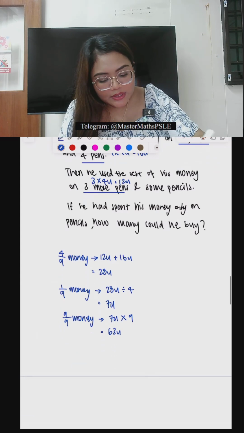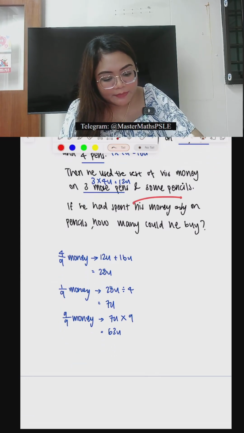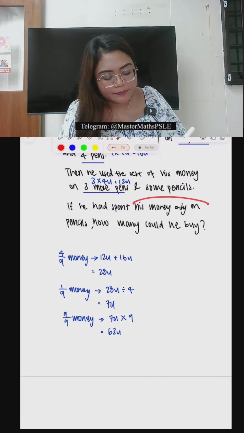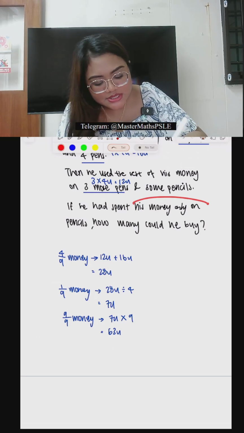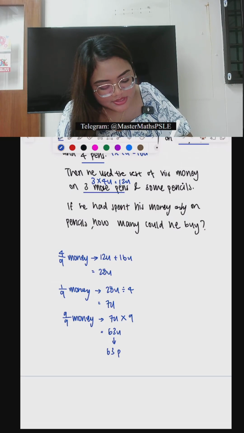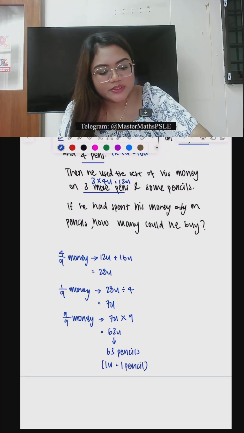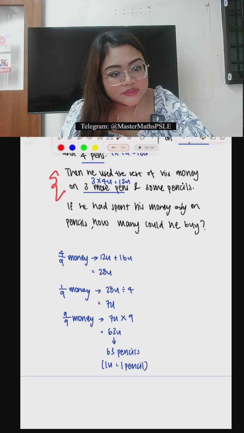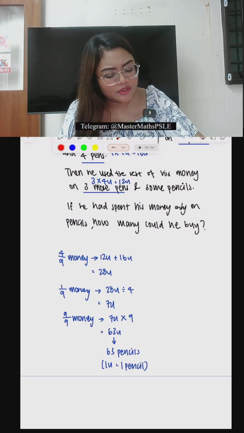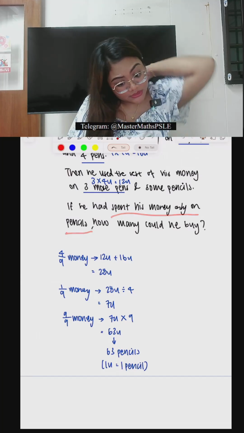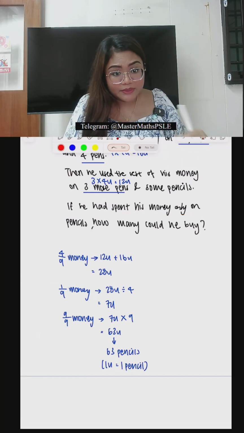So if you are asking if he spent his money only on pencils, how many could he buy? 63 units means 63 pencils, because 1 unit is 1 pencil. Okay? Which means we didn't use any of this part. So I believe there is a bit of a mistake maybe here. Or maybe there is a part A, part B to the question.